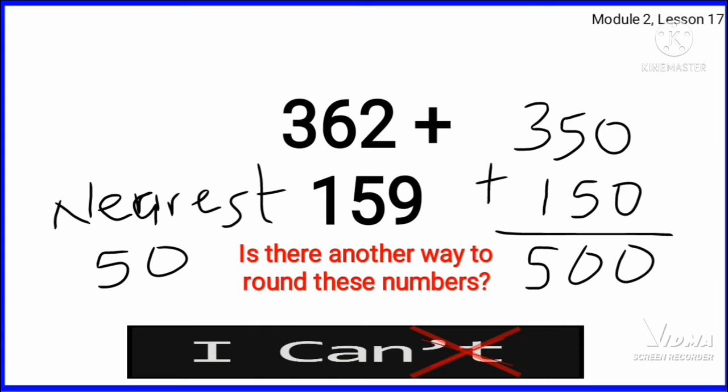Remember, let's look at 362. 362 is closer to 350, and 159 is closer to 150, to the nearest 50. So we can add 350 plus 150 and we get 500.